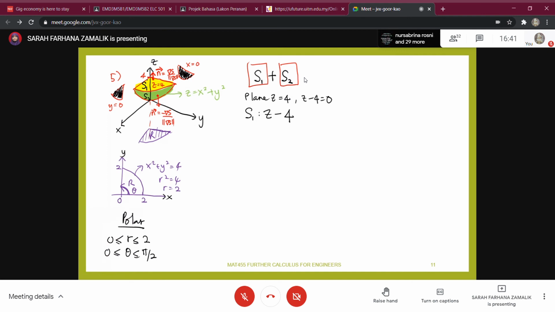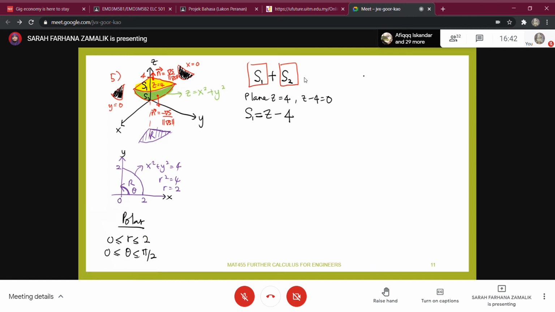So which is saya namakan dia S1. So S1 here is actually Z minus 4. So S1 equals to Z minus 4.